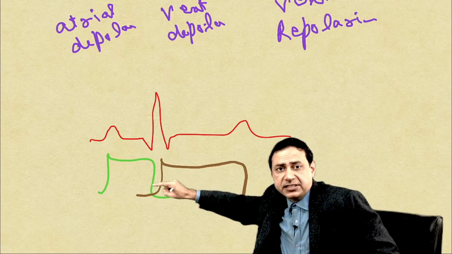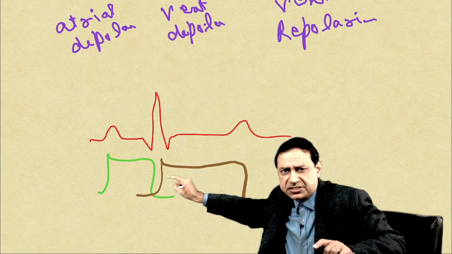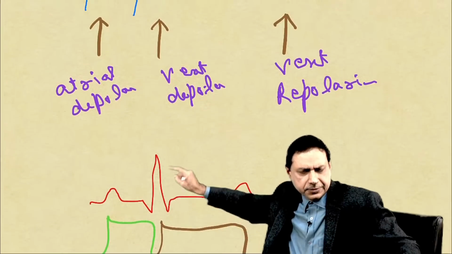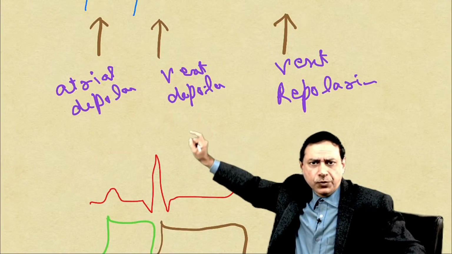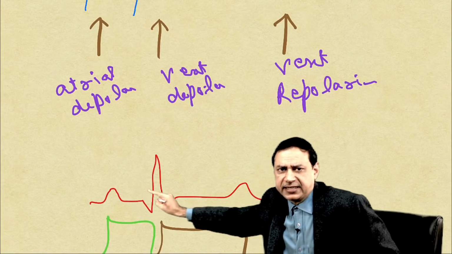Atrial repolarization is not recorded. It's a weak current. It is concealed behind this ventricular depolarization. So here the atrium is depolarized, here the atrium recovered.